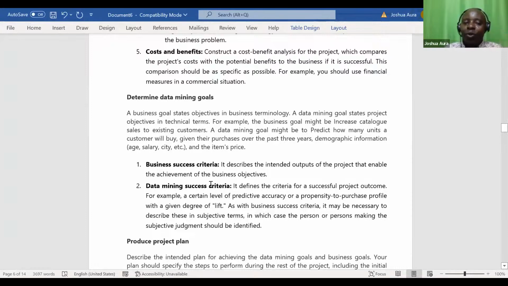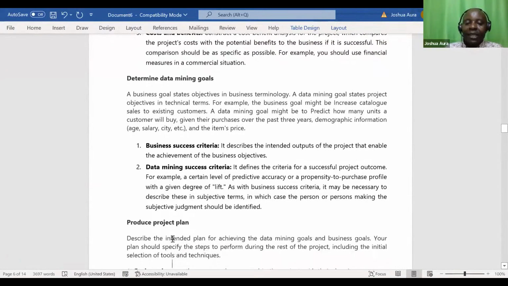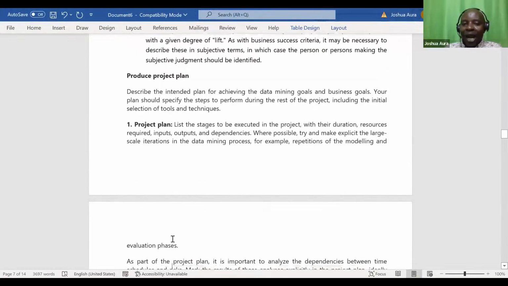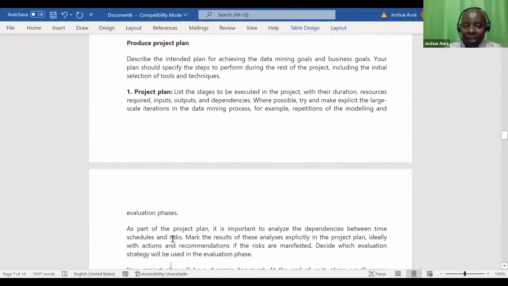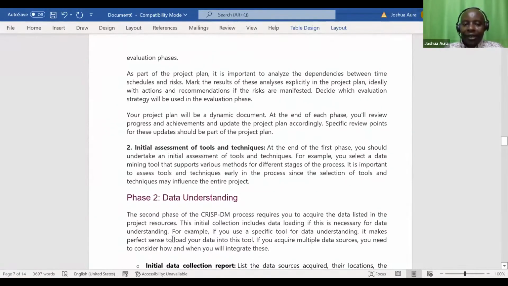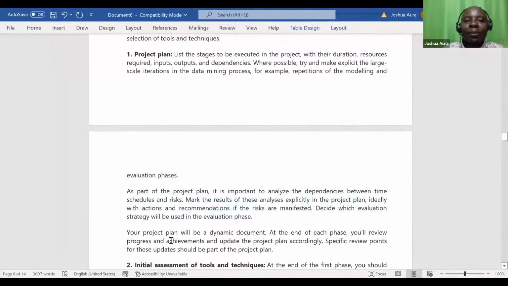Still, when I'm trying to do business understanding, I must produce, and I'm repeating this again, a project plan. So the project plan is very, very important. List the stages to be executed in the project with their durations, the way we are drawing this particular network.